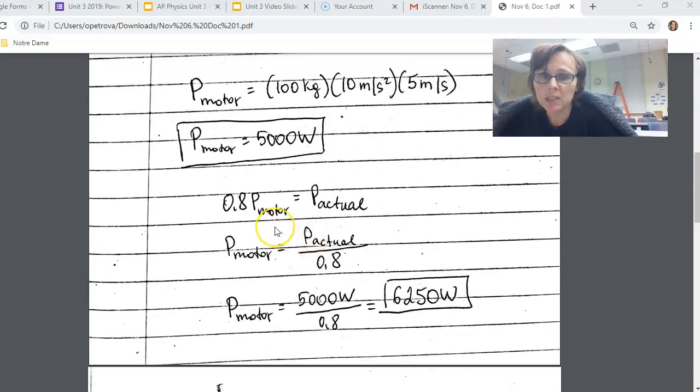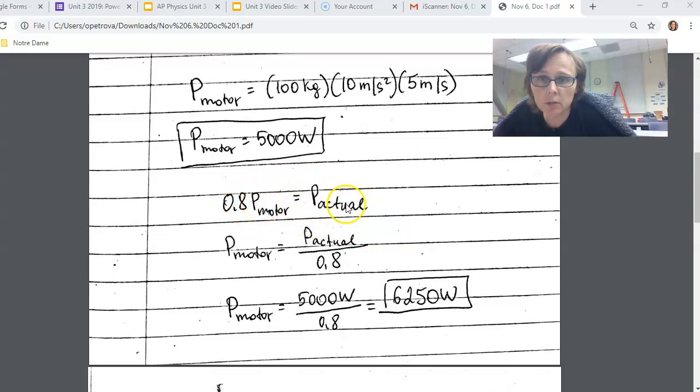When the motor is 80% efficient, how do we find the power of the motor? Intuitively, the power of the motor should be greater, because 20% of the power is lost, right? The actual power of the motor should be greater because 20% of the power is lost due to certain effects of the environment.